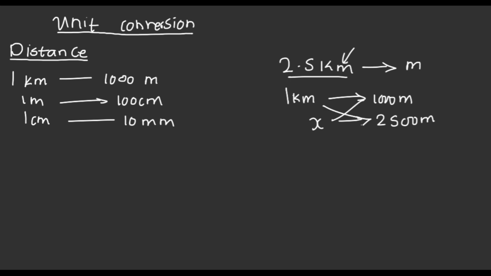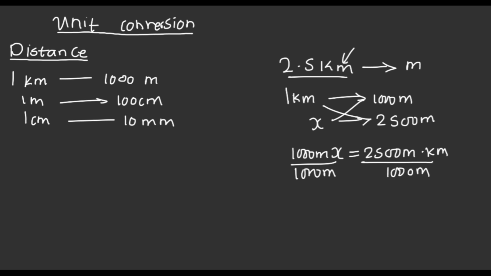So 1000 meters times x is equal to 2500 meters times kilometers. Then we divide by 1000 meters on both sides. This is just the way of showing our working. If we divide by 1000, this will give us 2.5 kilometers.